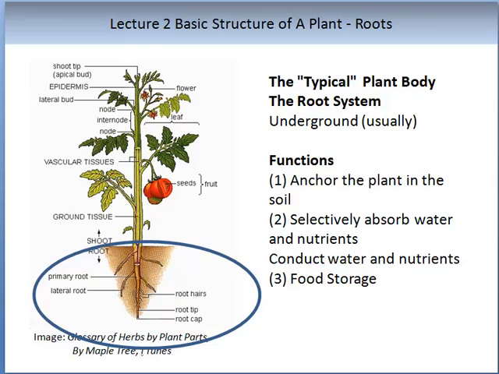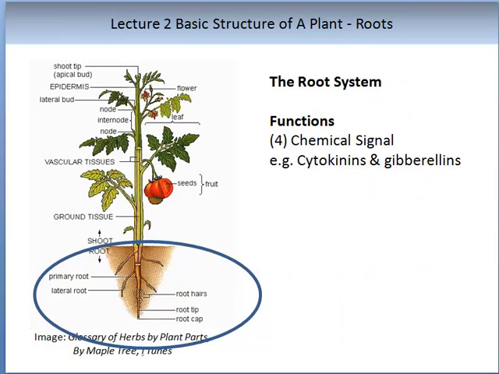Roots will selectively absorb water and nutrients, and some areas of the root system are used as a storage of food, such as sugars and carbohydrates. The main carbohydrate for food storage is starch. And the 4th function that a root can perform is to undertake chemical communication signals.